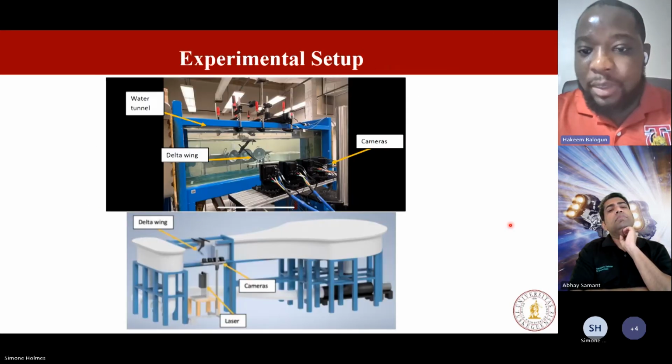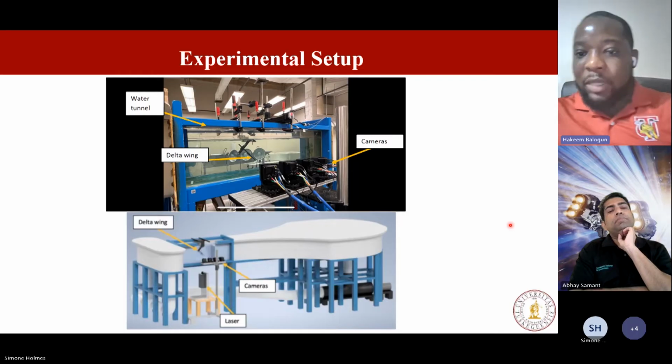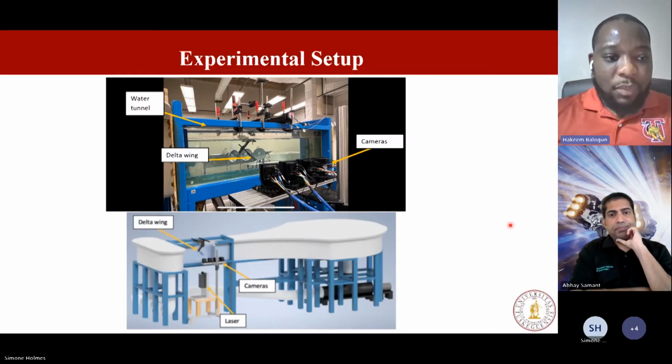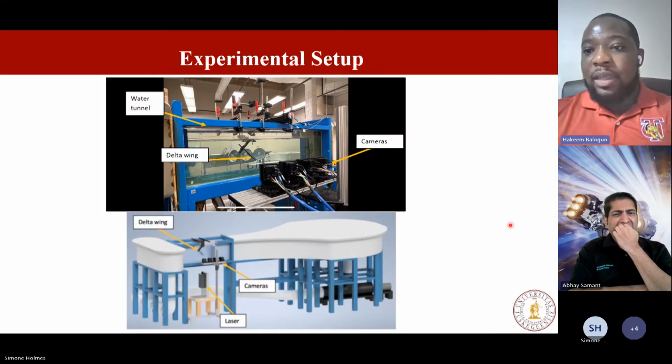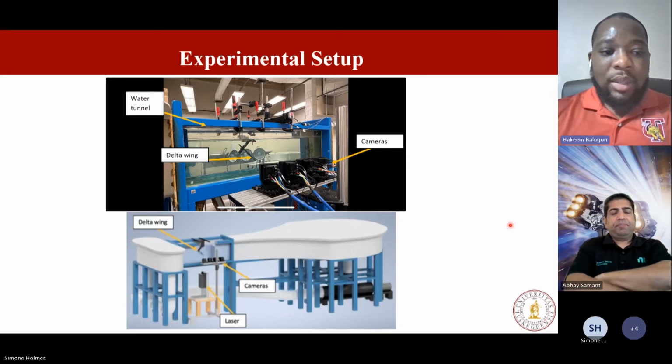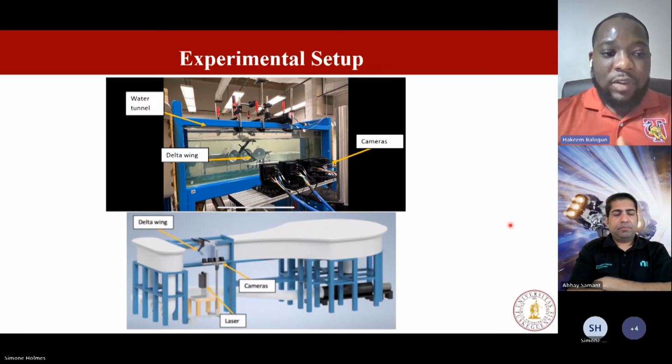For my experimental setup, the top image shows our experimental setup. My qualitative dye flow visualization and my quantitative PIV experiments were done in the open surface water tunnel at Tuskegee University. For the PIV system, we have the TSI V3V Flex Volumetric PIV system. It has four 25 megapixel CCD cameras to capture images.